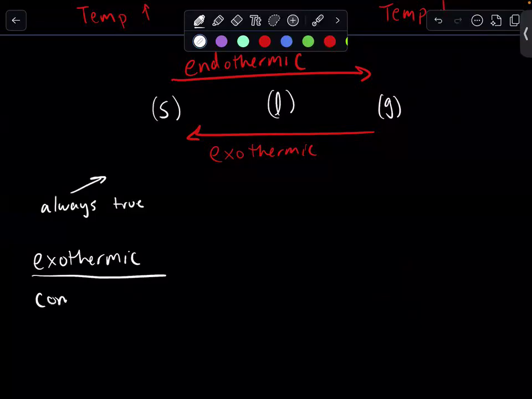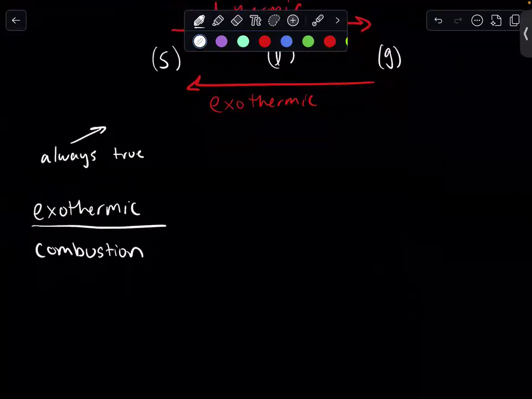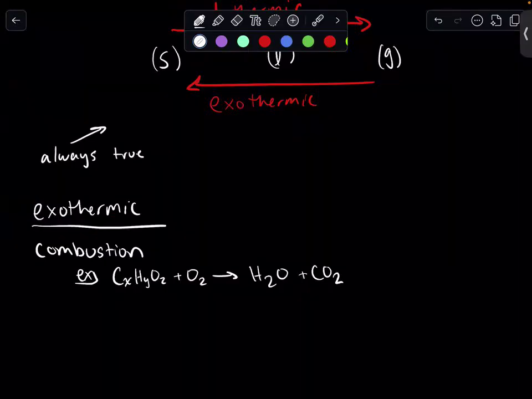One is combustion, which is burning. It can be combustion of a hydrocarbon or combustion of a metal. Generally, when we have some hydrocarbon CxHyOz and we react with oxygen and we get H2O plus CO2, that is our combustion reaction. It is always exothermic.